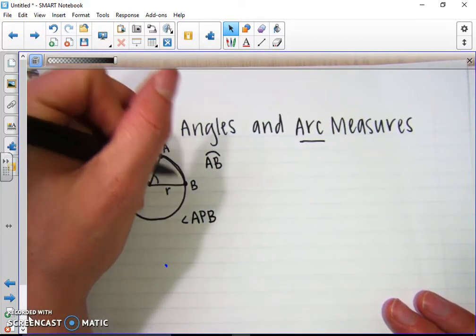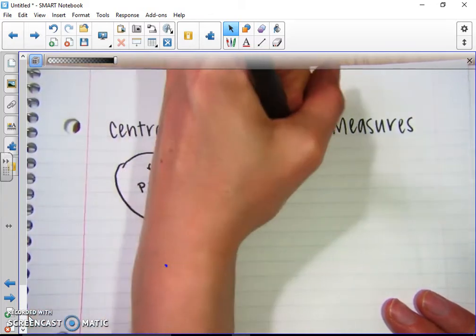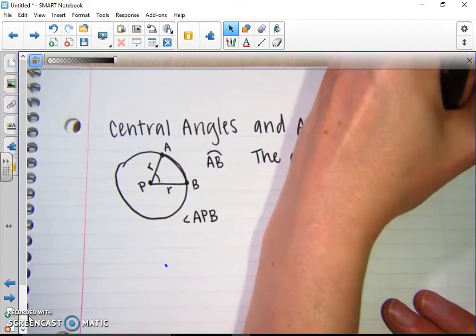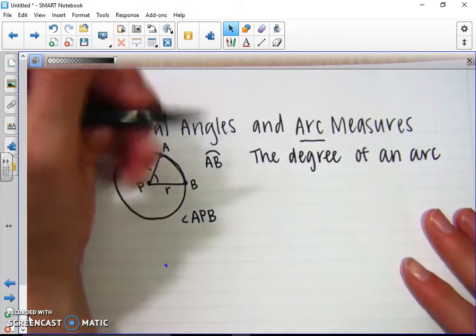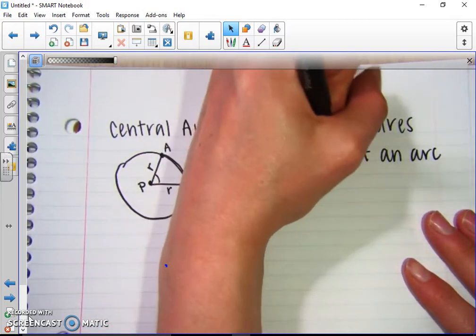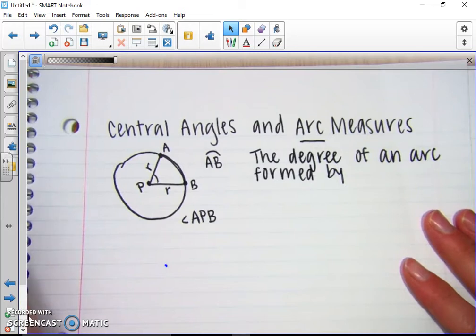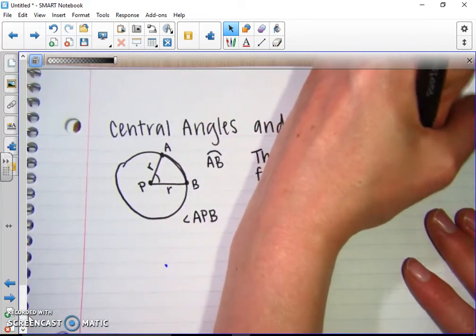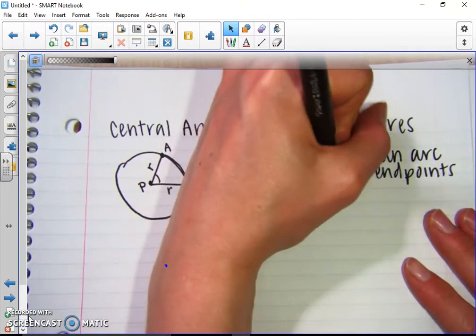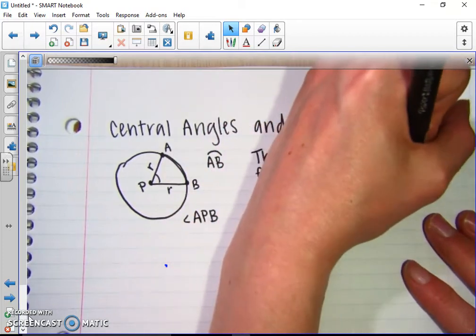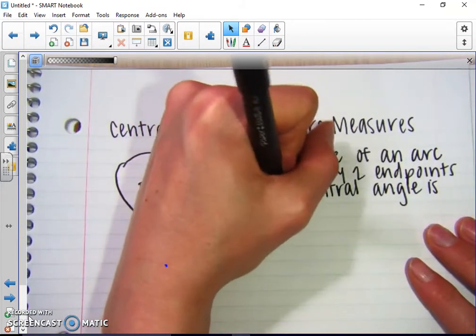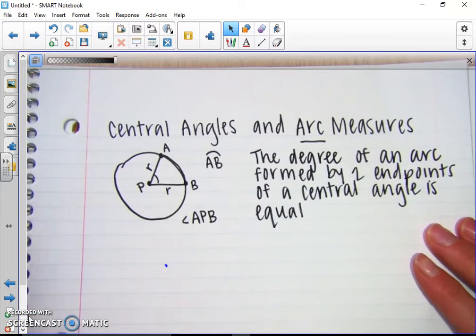So let's talk about the degree of an arc. The degree of an arc formed by two endpoints of a central angle is equal to the degree of that central angle.